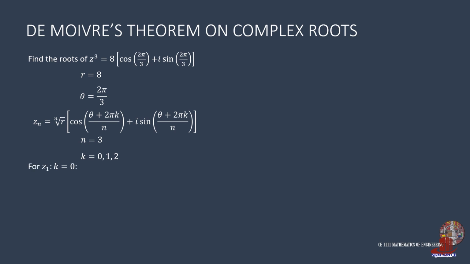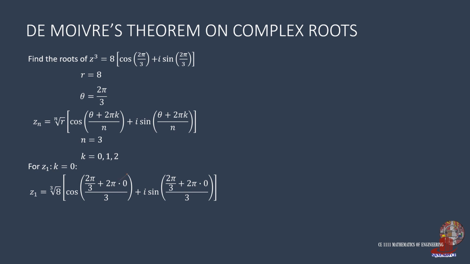For the first complex root, k is taken as 0, so z1 is the cube root of 8 times cosine of 2/3 of pi plus 2 pi times 0 all over 3 plus i sine of 2/3 of pi plus 2 pi times 0 all over 3.